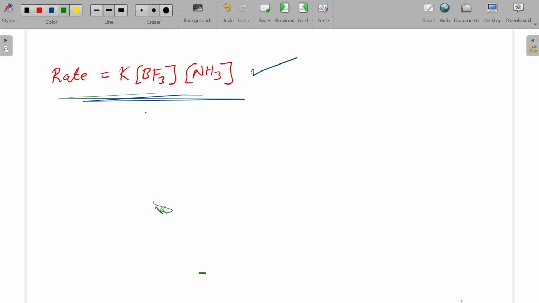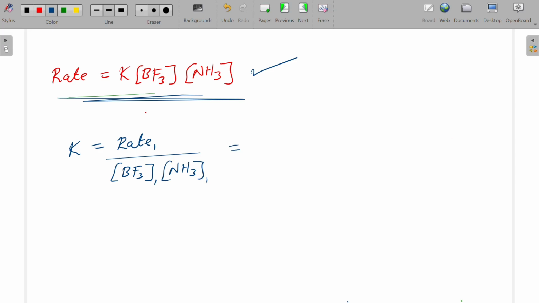Making K the subject of the formula, K will be equal to the rate in experiment 1 divided by the concentration of BF3 in experiment 1 multiplied by the concentration of NH3 in experiment 1.